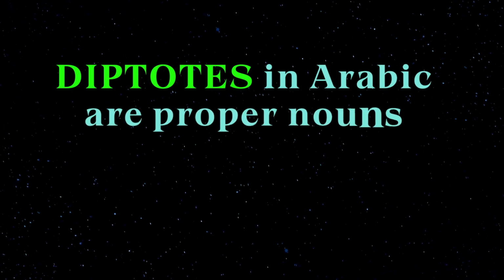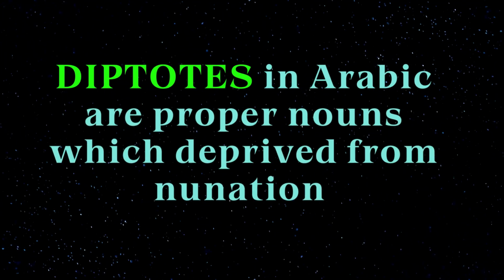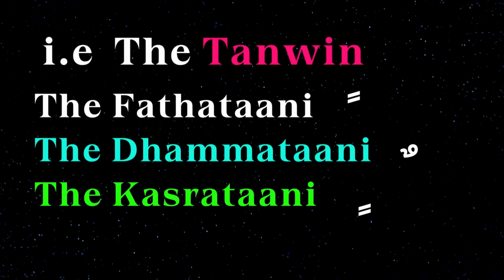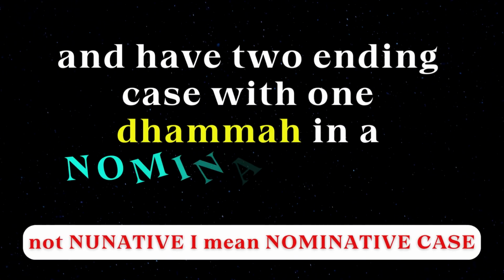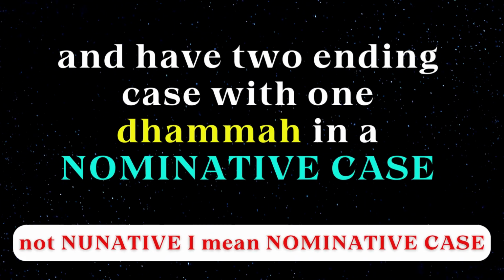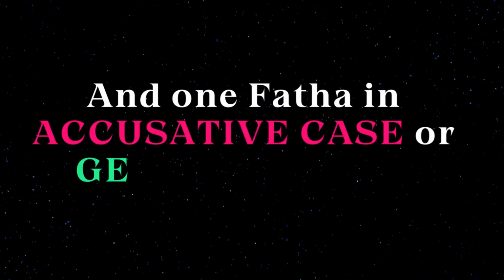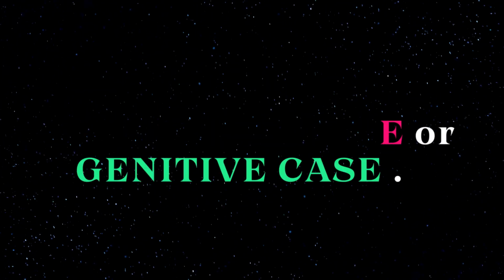Diptotes in Arabic are nouns that are deprived of nunation, that is the tanween, and have only 2 ending cases, with 1 damma in the nominative case and 1 fatha in the accusative or genitive case.